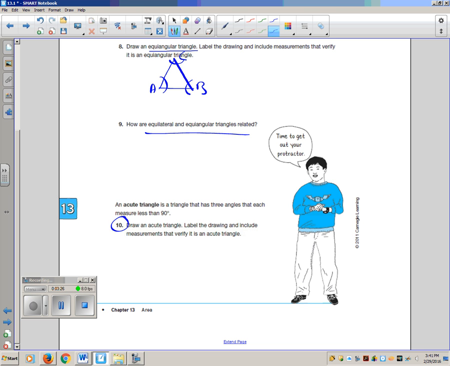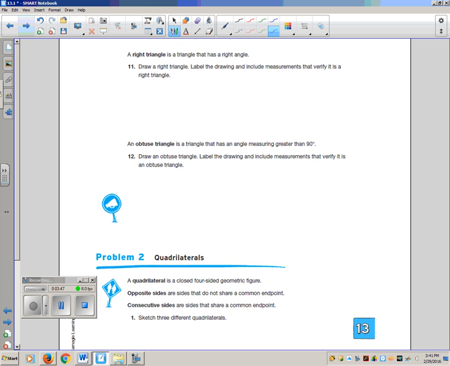Number 10, we're going to draw an acute triangle. We just did. There's acute. All angles, this is the angle sign, all angles less than 90. Acute. It's cute. Draw a right triangle.